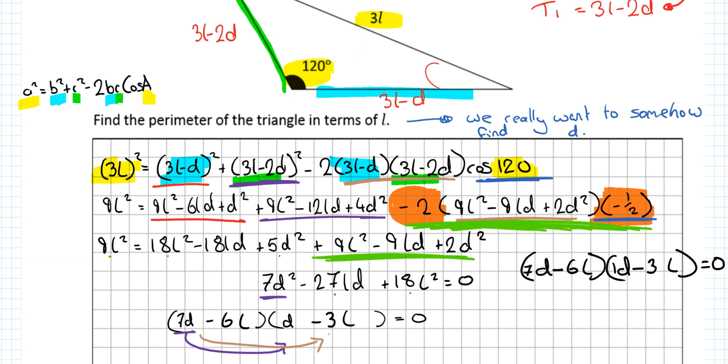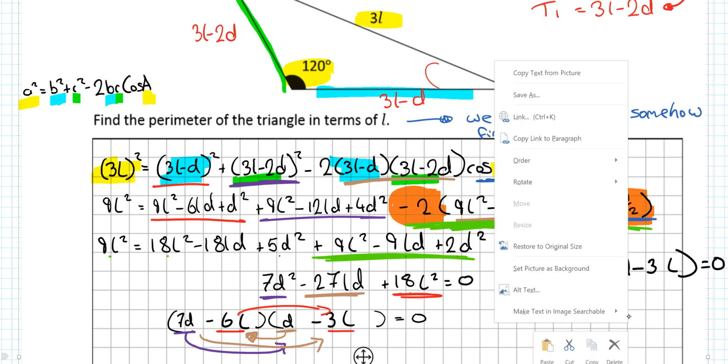And then D by minus 6L would be minus 6LD, which would give you minus 27LD. And finally, minus 6 by minus 3 would give you the 18. And minus 6L by minus 3L would give you the 18L squared.